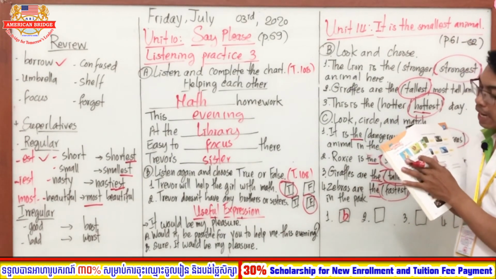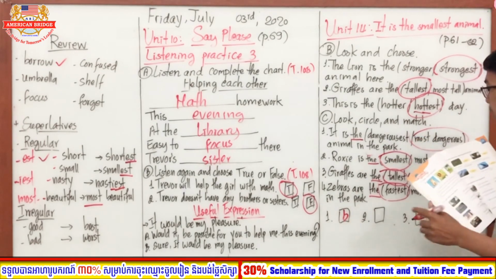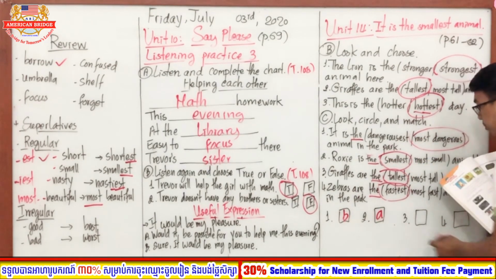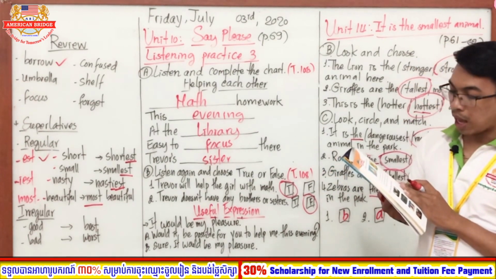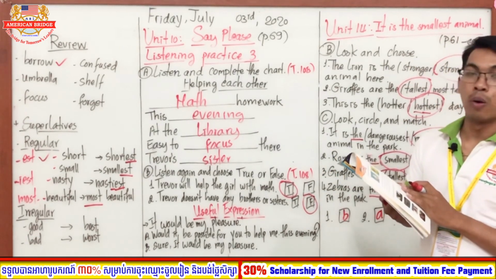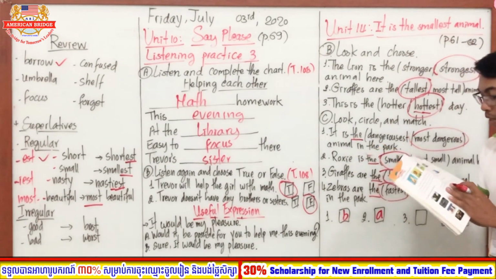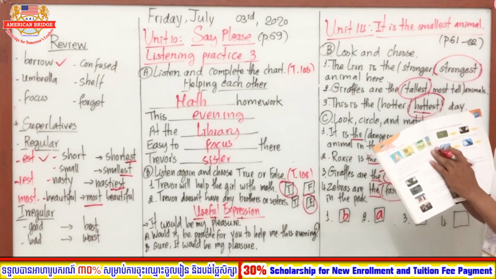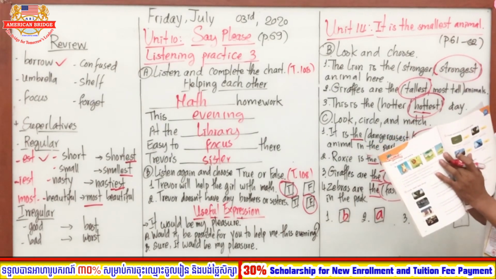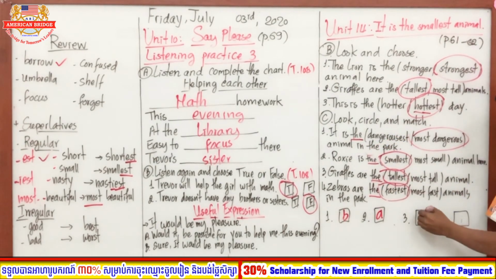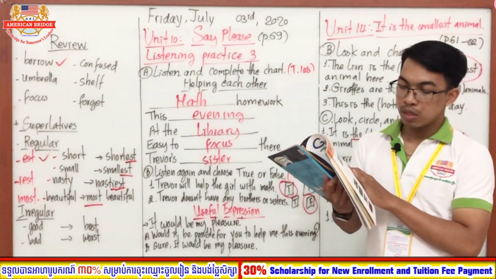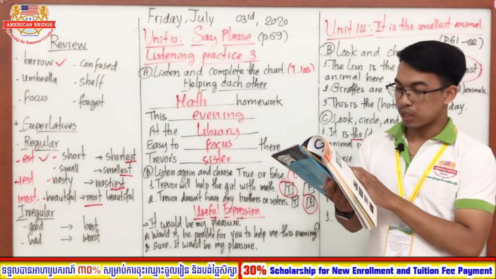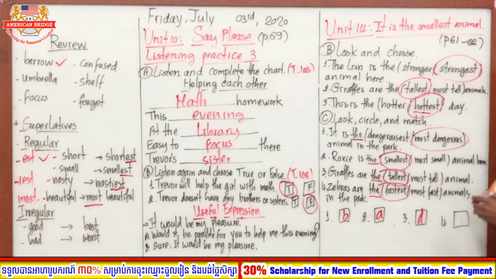Yes, of course, letter A. Good. Now number 3. Giraffes are the tallest animal. So where is the giraffe, everyone? Yes, very good. It is letter D. And move on to the last one. Zebras are the fastest animals in the park. So it is letter C. Good job, everyone.